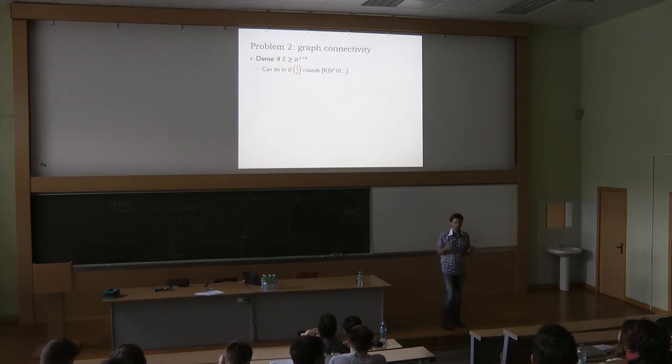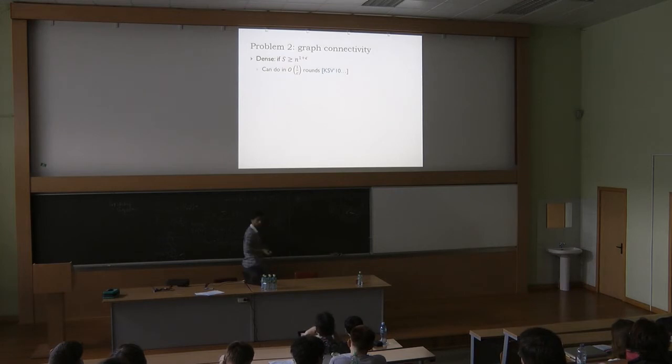And those edges won't change the connectivity. So without any communication, even in the first step, the machines can throw out a fraction of roughly 1 over n^epsilon of edges, just in one step.